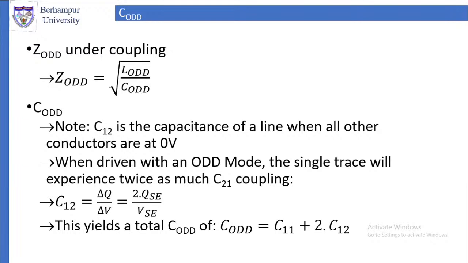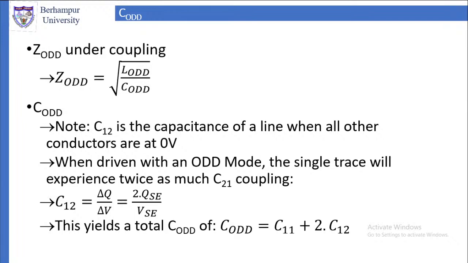What is C odd? C odd is the capacitance in the odd mode. L odd is the inductance in the odd mode. Now for C odd, note that C12 is the capacitance of a line when all other conductors are at 0 volt. When driven with an odd mode, the single trace will experience twice as much C12 coupling.